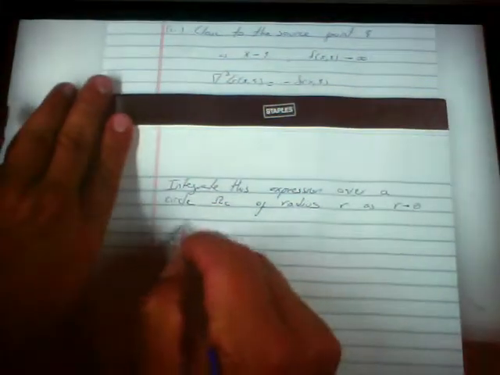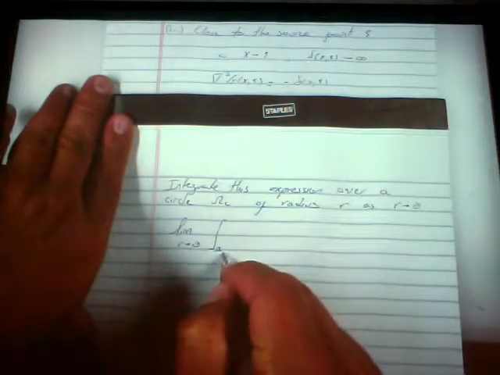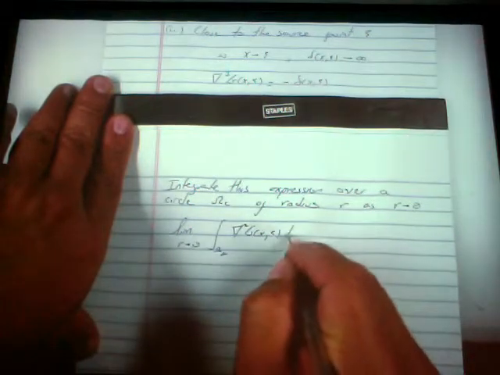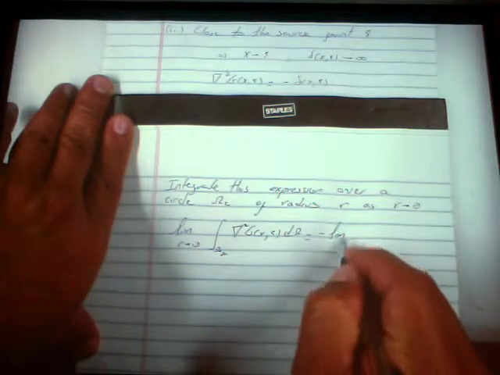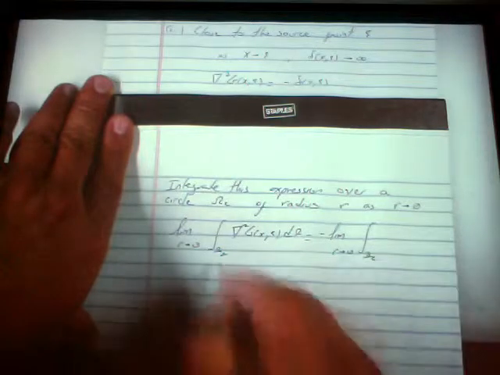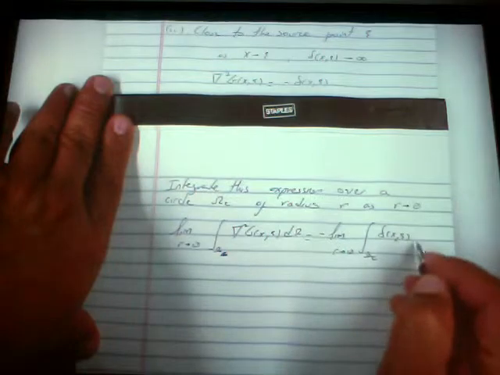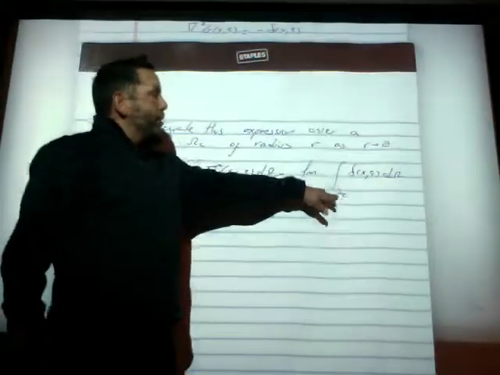So basically the limit as r goes to 0 of the integral of this is equal to the negative of the limit as r goes to 0 of the integral over omega c of the Dirac delta function. Now the integral of the Dirac delta function, as small as this circle could be, is 1, because it contains the source point.